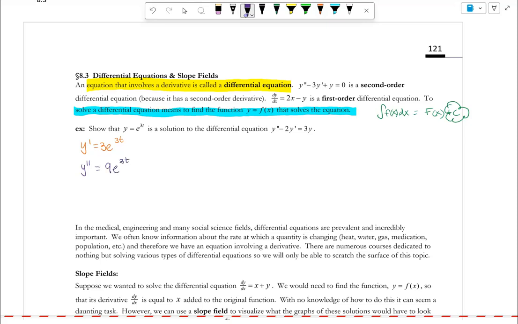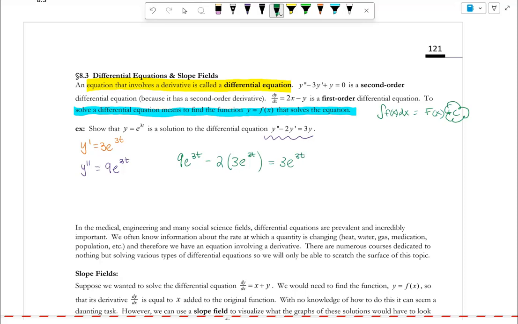So if I look at this equation, let's just plug that stuff in and see what happens. Our second derivative, 9e to the 3t, minus 2 times our first derivative, I always substitute into parentheses, equals 3 times y, and we know y was e to the 3t.